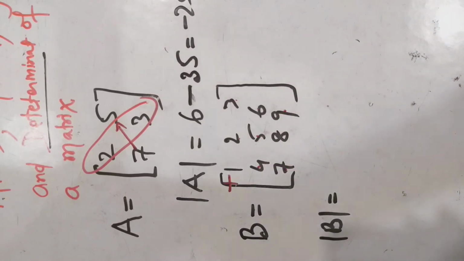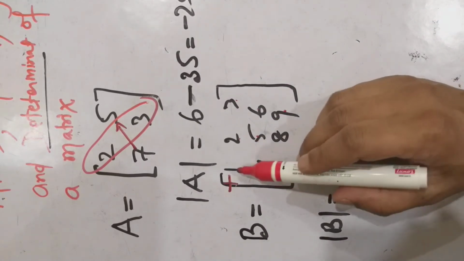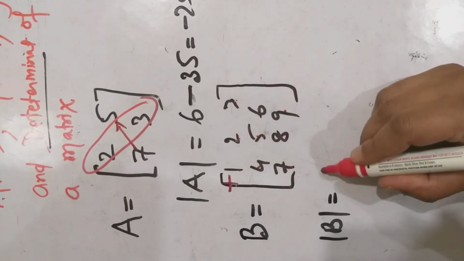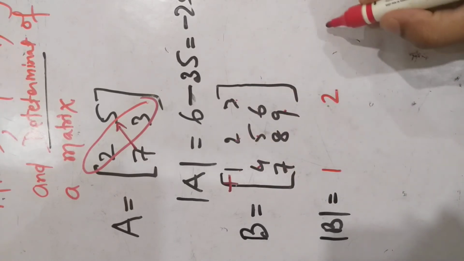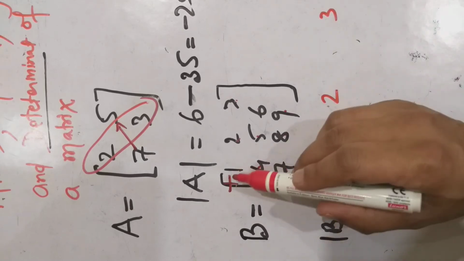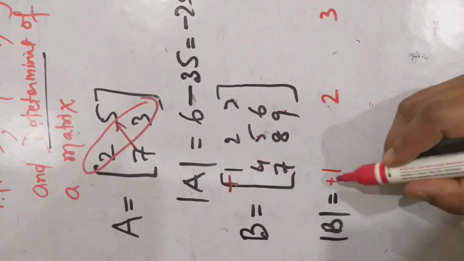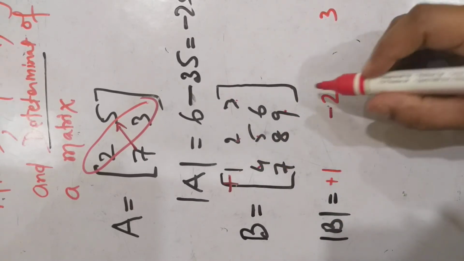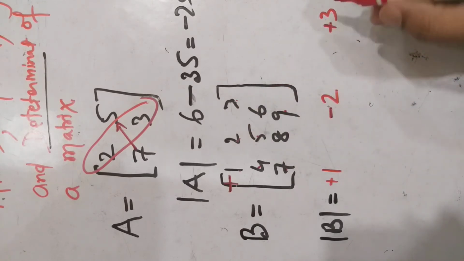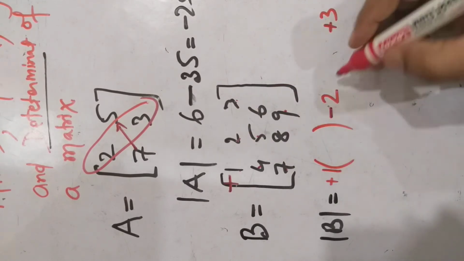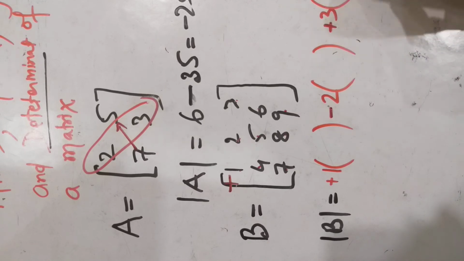So if I write the numbers 1 2 and 3 to start with, 1 will be given a positive sign, 2 will be given a negative sign, 3 will be given a positive sign. Just open the bracket here to write a number.